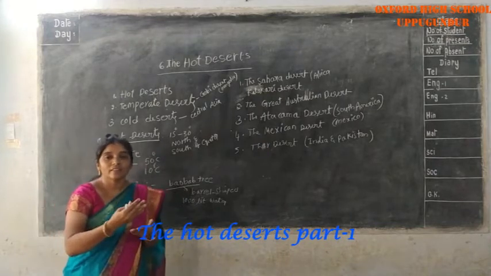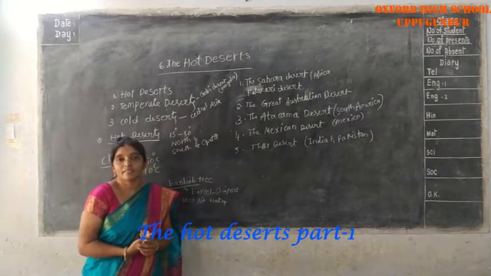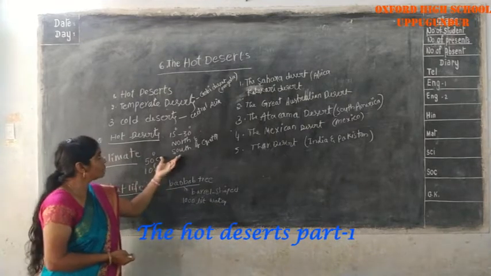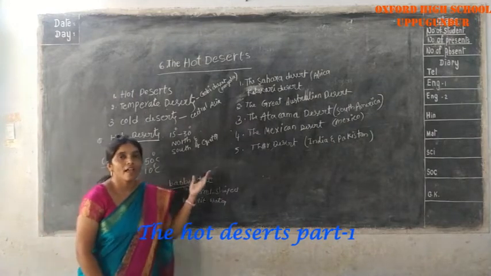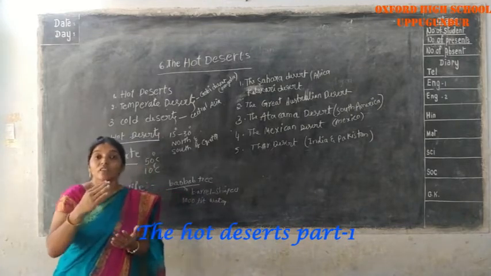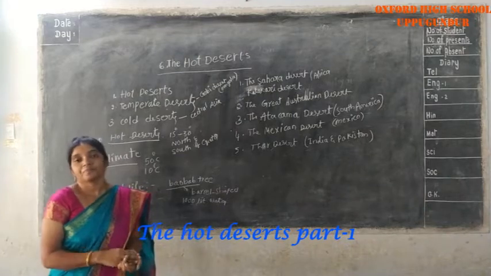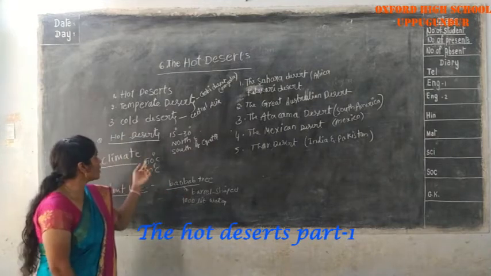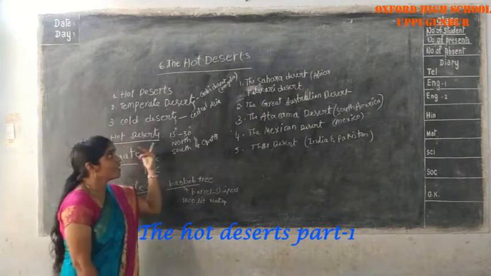Near the equator, the sun shines overhead, there is a cloudless sky, and the sun heats very high. So those are called hot deserts.